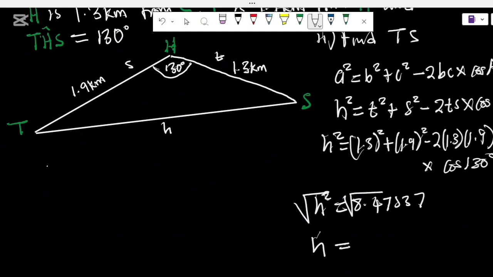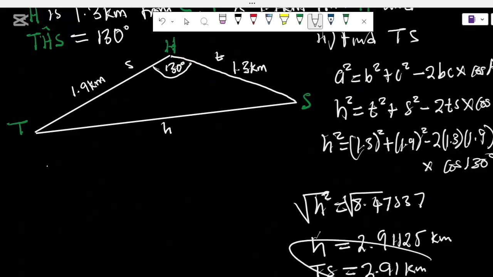So this is going to be h, square root of this answer. So this is going to give us 2.91125 kilometers. So therefore we can say this TS is actually 2.91 kilometers, and so this is our answer.